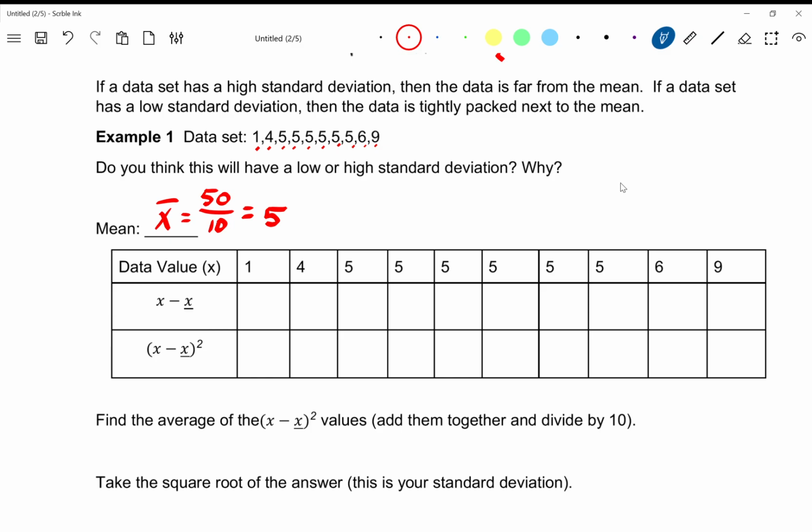So we're going to take every single number and subtract the average, because that tells us how far away from the average it is. So we've got 1 minus the average, which would be negative 4. We've got 4 minus 5, the average, which would be negative 1. 5 minus 5, and we got a bunch of those.